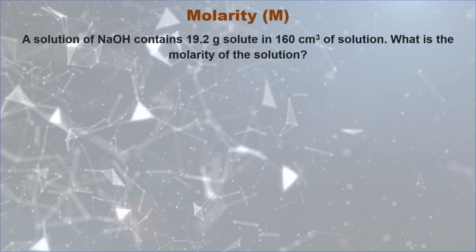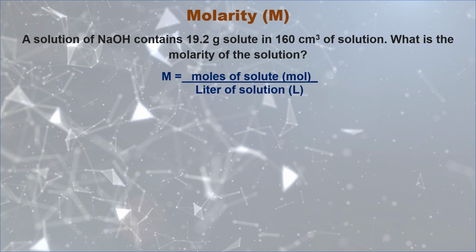Next concentration unit is molarity. A solution of sodium hydroxide contains 19.2 grams solute in 160 cubic centimeters of solution. What is the molarity of the solution? For molarity, the formula is moles per liter: moles of the solute divided by liters of the solution.